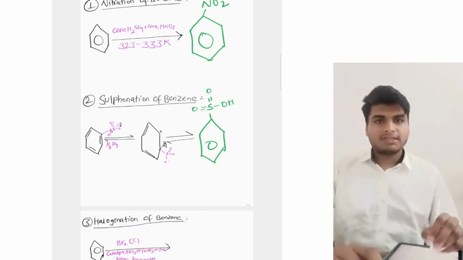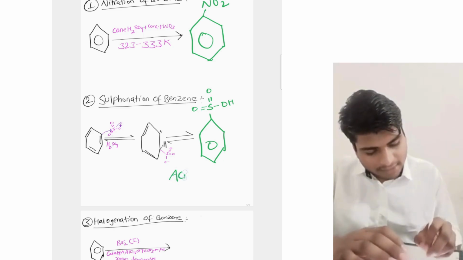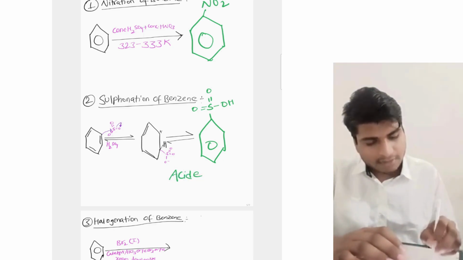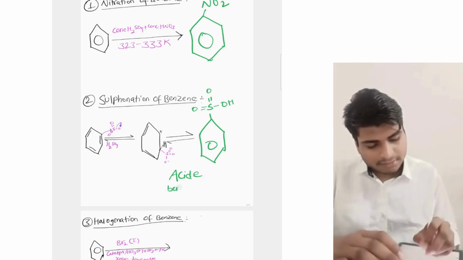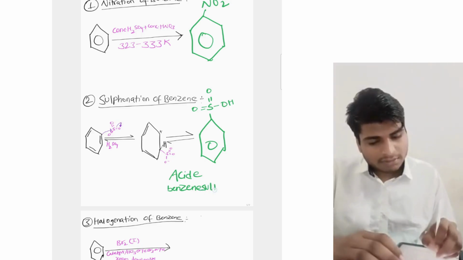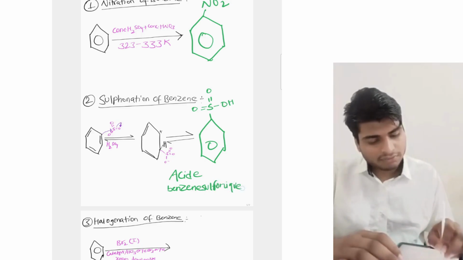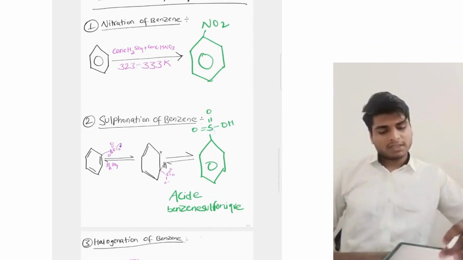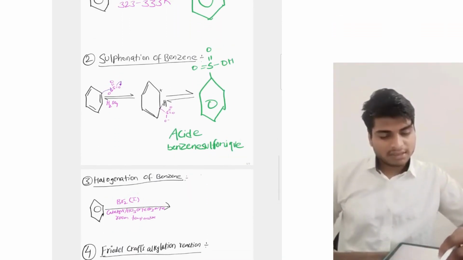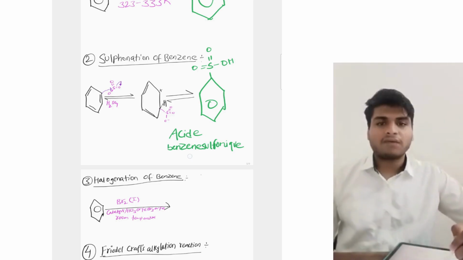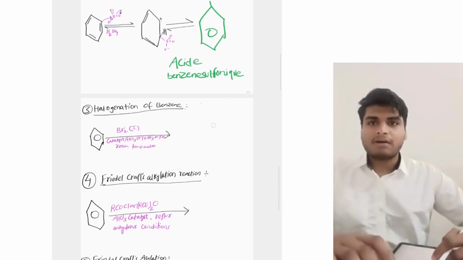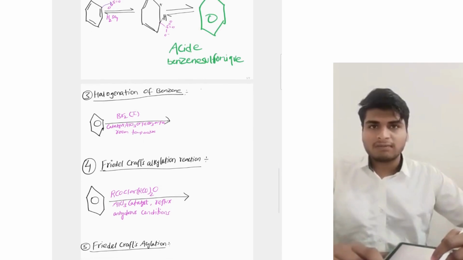Okay, and this is the acid, benzene sulfonic acid. And now we move to the halogenation of benzene.